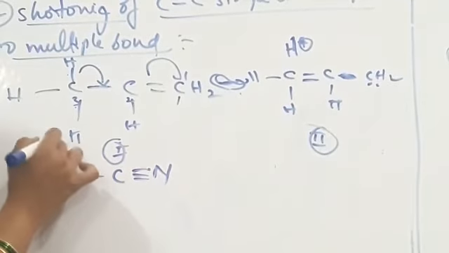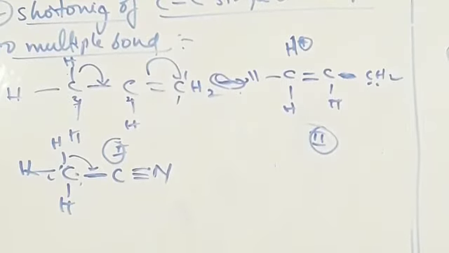And here we observe displacement of sigma electrons. So the single bond which is linked with the unsaturated carbon also converts into a double bond. So due to this, the length decreases. So hyperconjugation involves the shortening of the carbon-carbon single bond adjacent to a multiple bond.